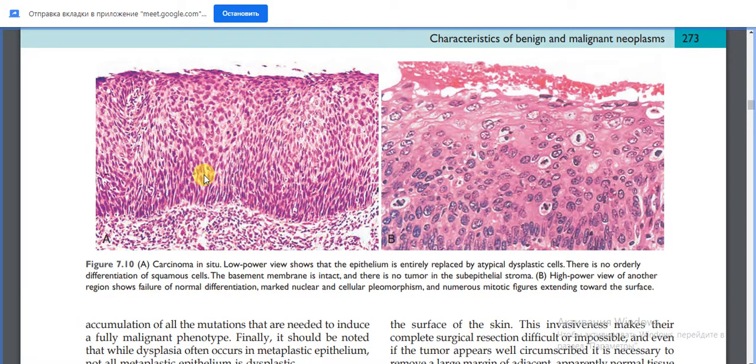So that is normal. But here you see very rapidly dividing cells and very dense space between the cells, but the basement membrane is still intact. The cells are not spreading down; they don't penetrate the basement membrane.